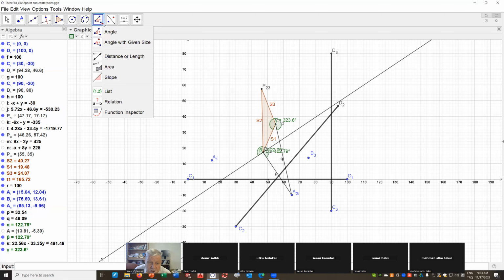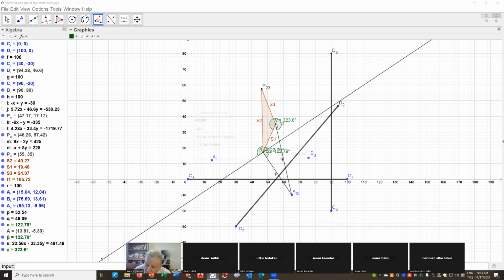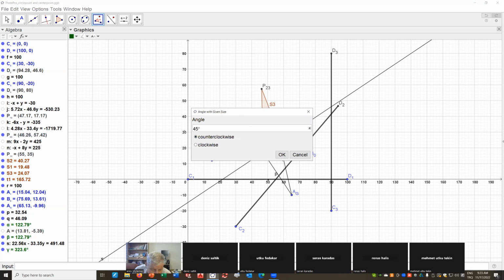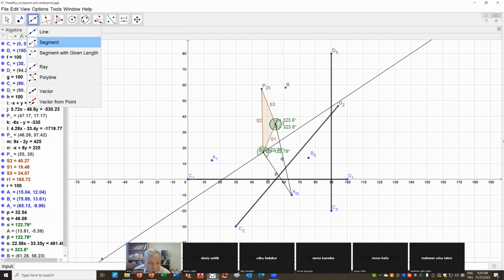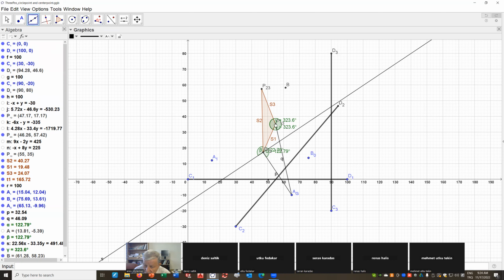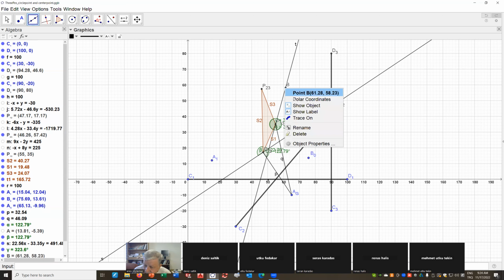So I measure P23, P12, and that angle is gamma in the counterclockwise direction. Please note this. Here it is.